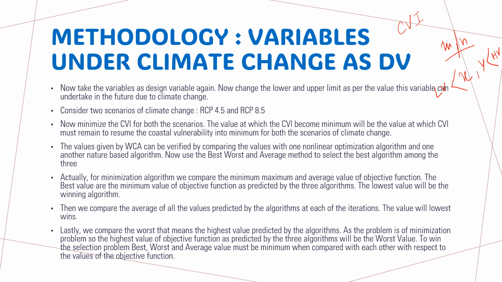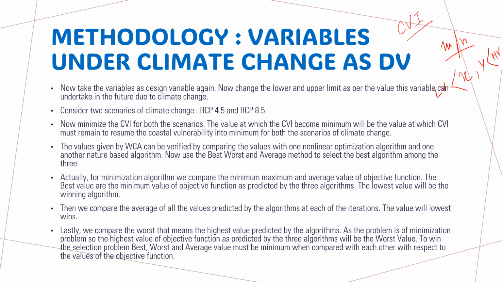Here also iterations are done in the second step, and the value at which coastal vulnerability is minimum, note down. First step maximum, second step minimum. So there we get the optimal ratio of all our variables, which can impose minimum coastal vulnerability.